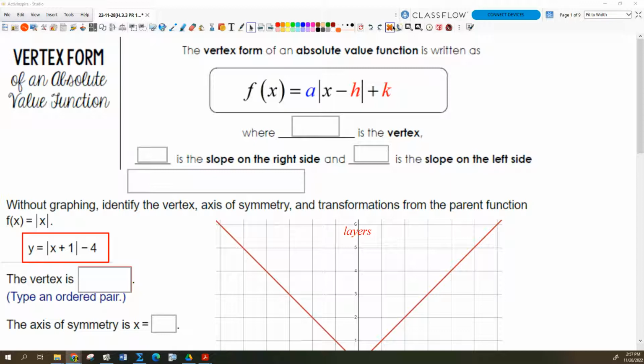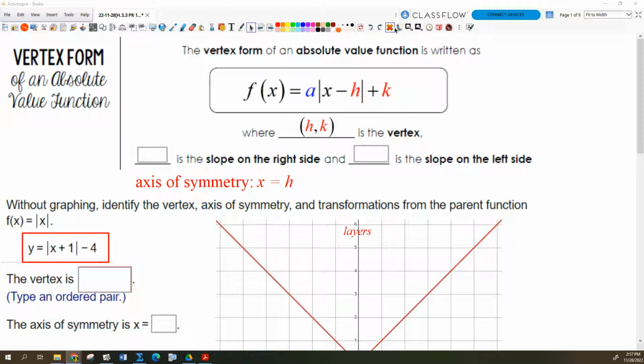But if we're going to write this vertex form, that's h and k. So the coordinates of the vertex are (h, k), right? h is the x coordinate, k is the y coordinate of the vertex. And the axis of symmetry would always be that vertical line through the vertex. So it's always just going to be the line x = h every time.